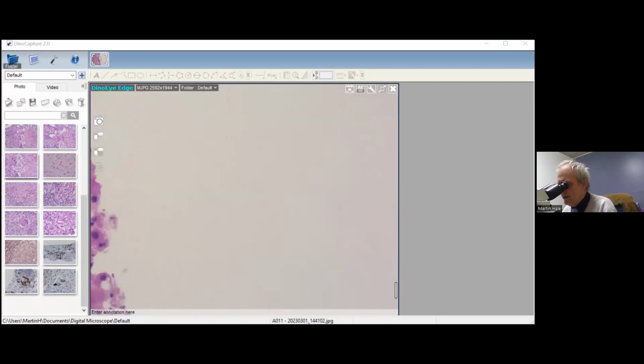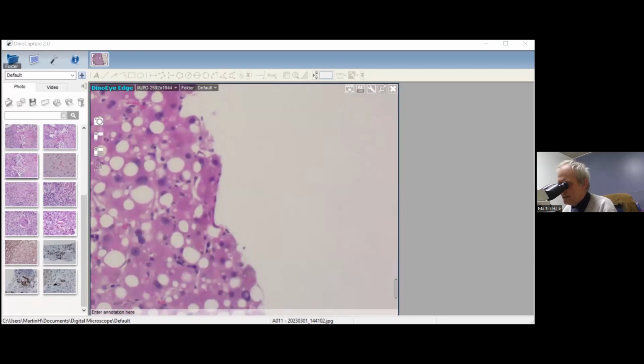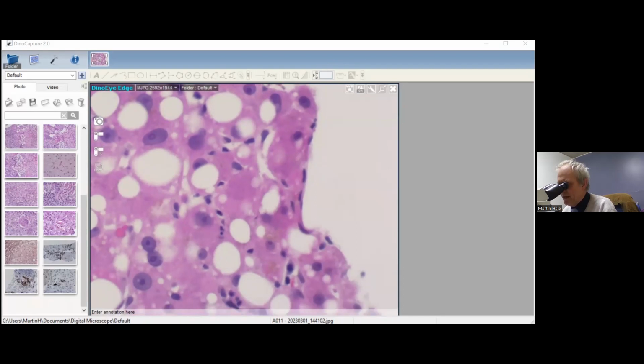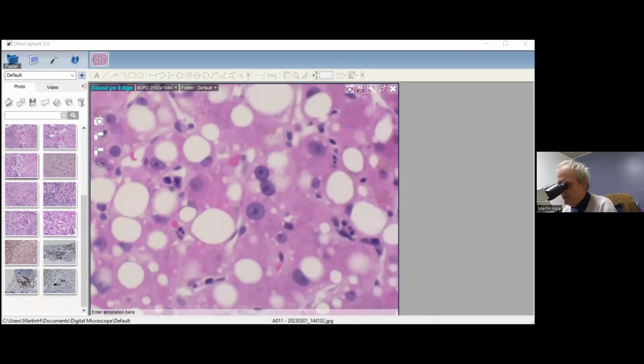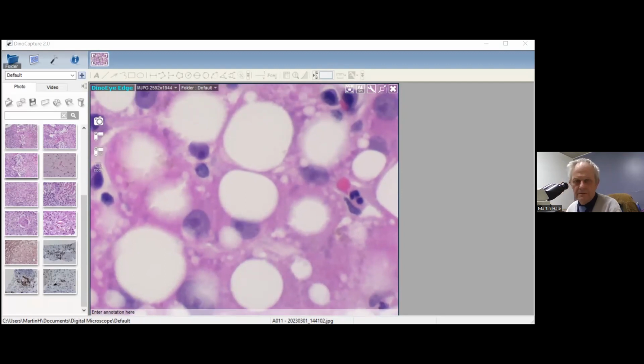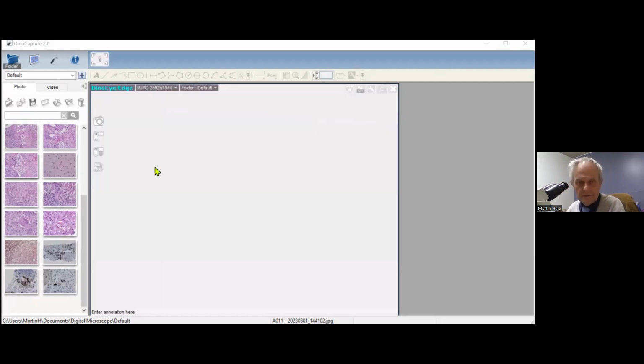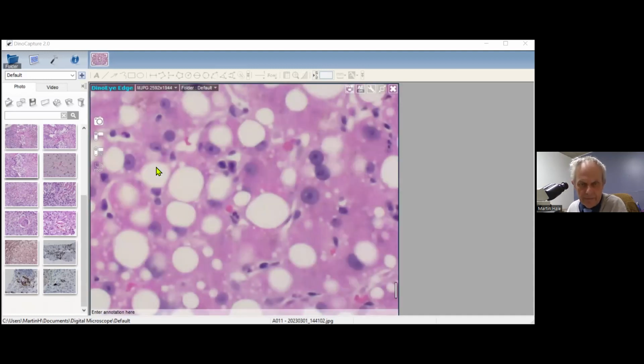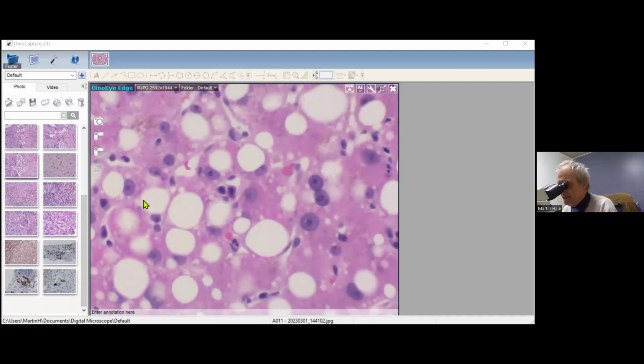Now, ballooning degeneration, I think, is difficult to see. It is there. So, for example, I think there's a bit of ballooning here, going under low power. A little bit of ballooning here and there, so it is identifiable.